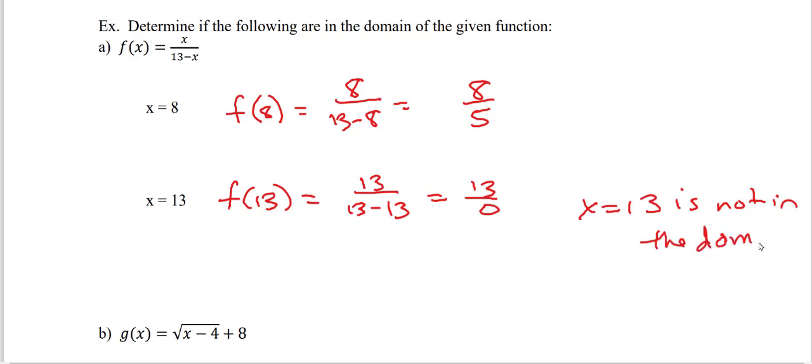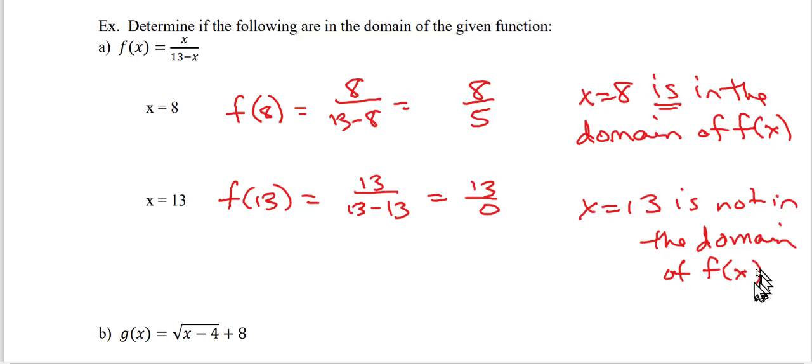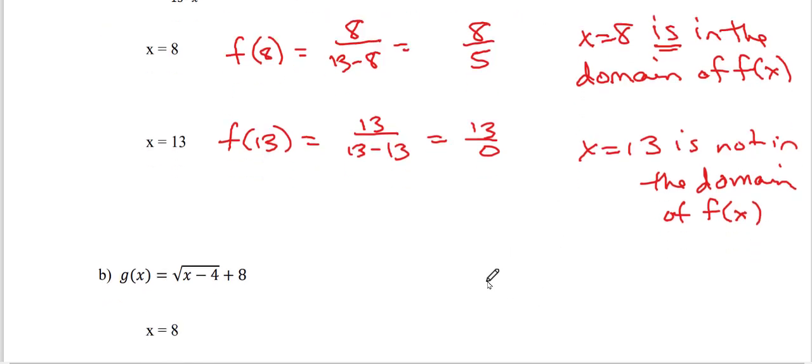I guess I should actually answer the question for the above one too. x equals 8 is in the domain of f of x. So we had a problem there because we got 0 in the denominator, right?